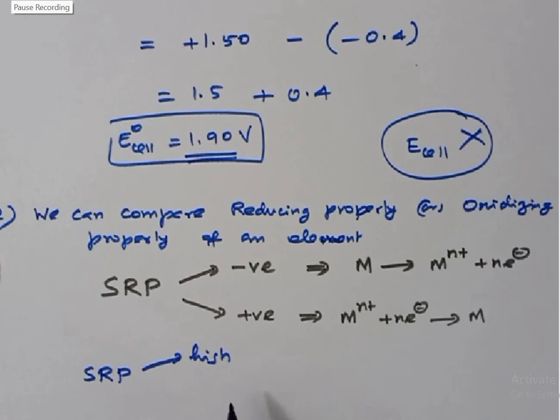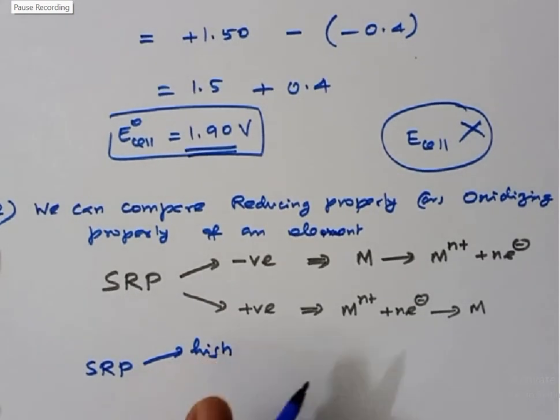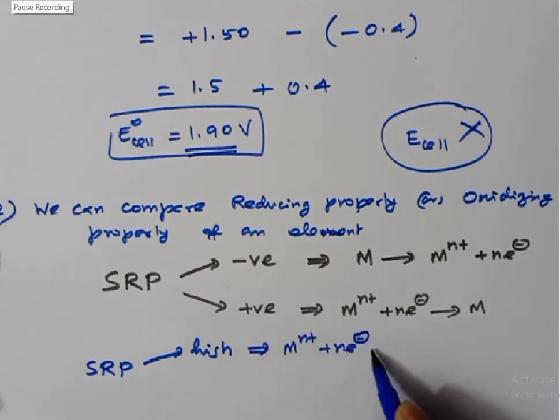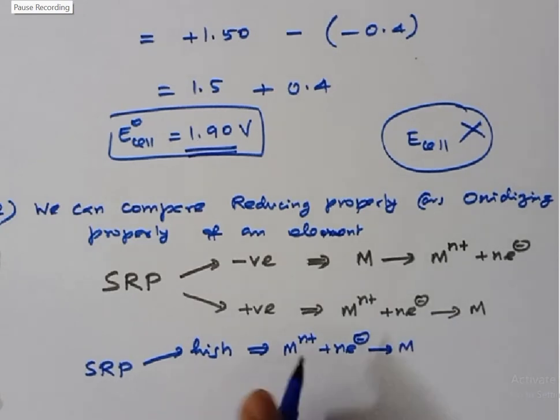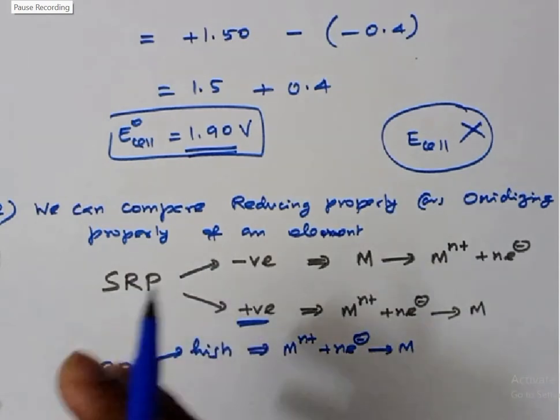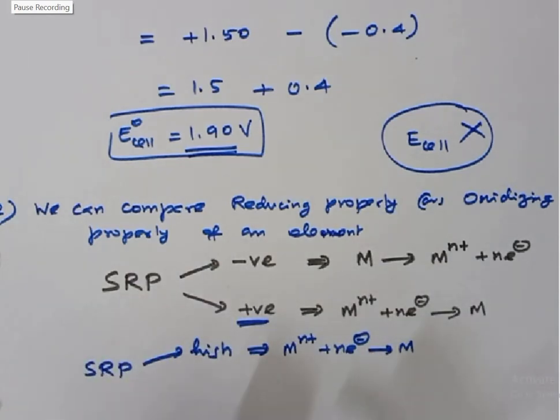Among the given species, if SRP value is high for a particular species, that species undergoes reduction readily. High means positive. Among the given elements, see which one has the highest SRP value. The element having high SRP undergoes reduction readily.